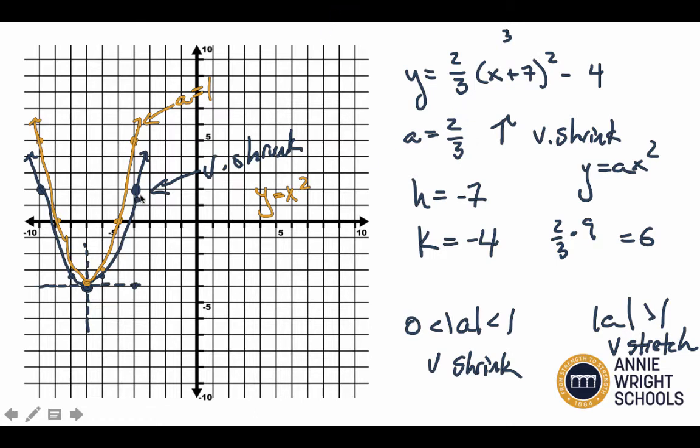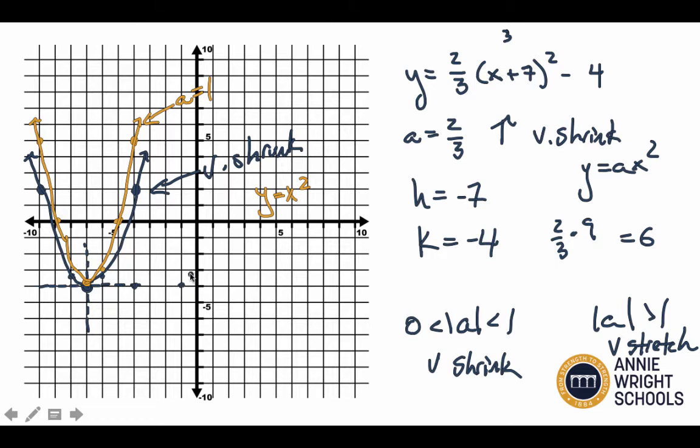Good? And that difference will be more and more pronounced as you take further values of x away from the vertex. So if I had to pick another point, I'd pick 6. I would go over 6. So 1, 2, 3. 3 more from there. 6 squared is 36. 36 times 2/3, right?